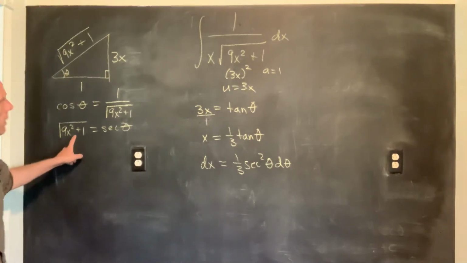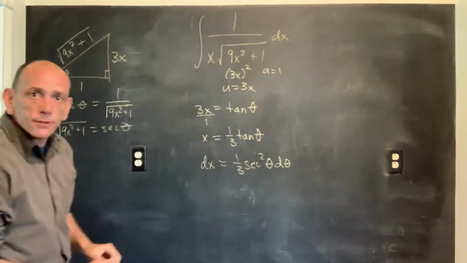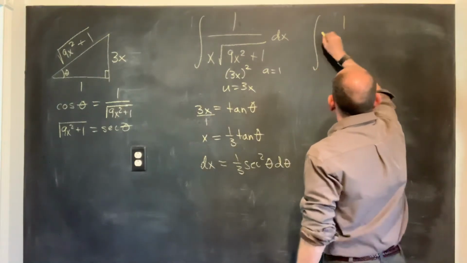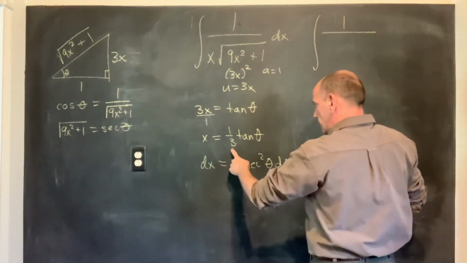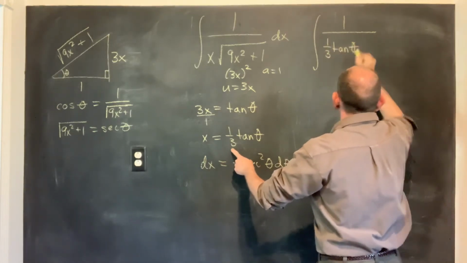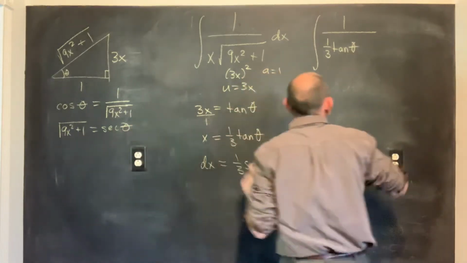All right, so now I know what the root is, I know what x is, I know what dx is, I should be able to sub everything in. 1 over x is 1/3 the tangent of theta. The root is just straight secant theta.